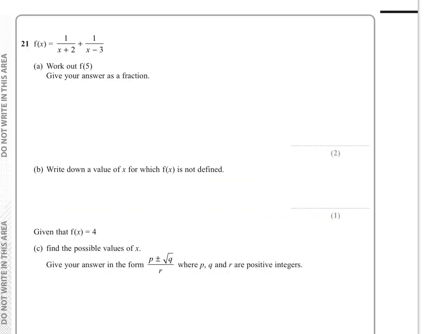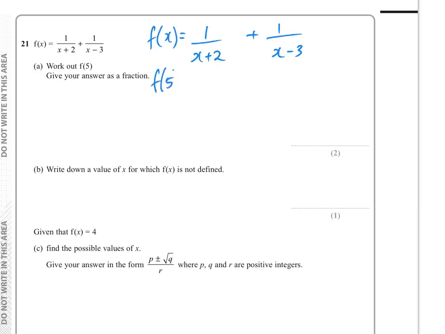Question 21. We're given a function here, f of x equals 1 over x plus 2, plus 1 over x minus 3. We've got to work out f of 5. So we just have to put 5 in place of x basically.